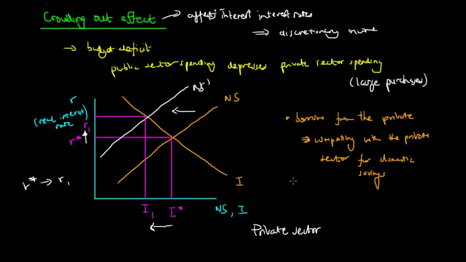So what this means is that although aggregate demand has been stimulated by the government, where aggregate demand equals C plus I plus G plus NX, and the government spending component has increased because of this budget deficit, investment expenditure has decreased because of the crowding out effect. The government has borrowed from the private sector and therefore pushed up the real interest rate, which discourages borrowing from the private sector.